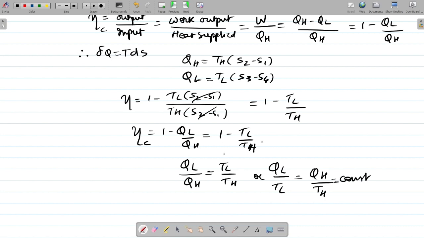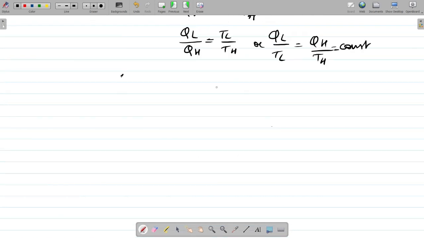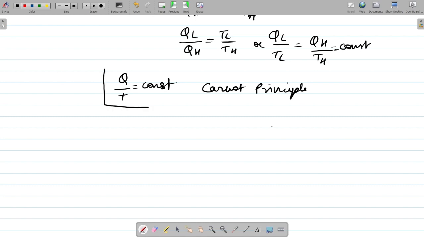So from this you will obtain that for the Carnot cycle, Q by T is equal to constant. This is called the Carnot principle, which says that Q by T is constant, or that heat transfer is directly proportional to temperature of the heat reservoir.